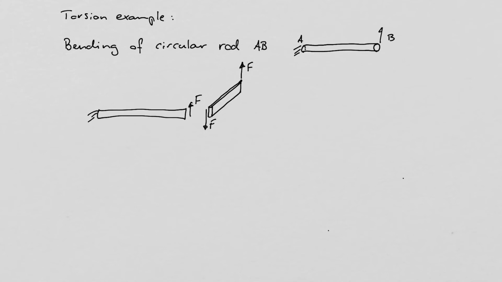So, the force F will also affect our circular rod AB in the same way as it affected our handle from B to C. So we will also have bending of AB in the same way that we just had bending of BC. So here the length is given as, let's just see here.